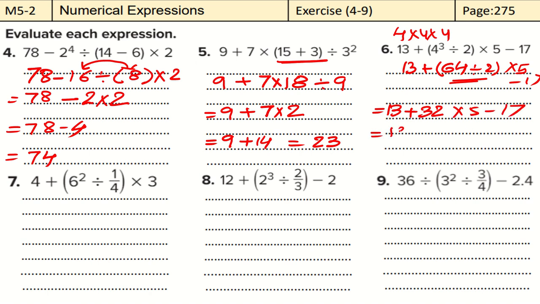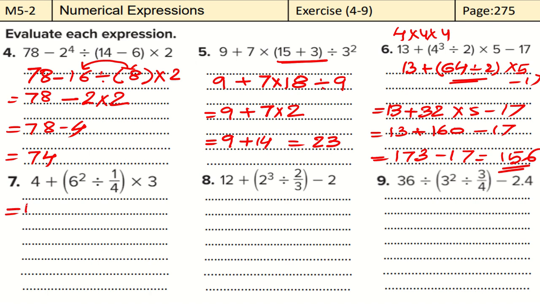So 5 times 2 is 10, 5 times 3 is 15 and 1, 160. So 13 plus 160 is 173, minus 17. I think it will be 156. Just check the calculation.